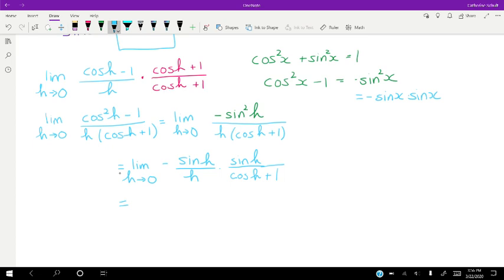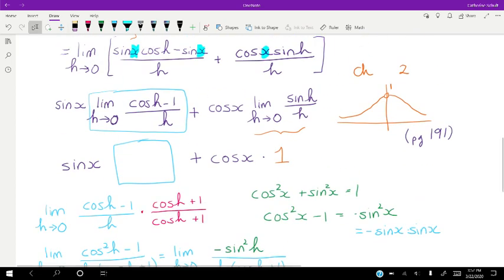Let's move the negative on the outside, because that's like a constant, like negative 1, and we'll distribute the limit. Okay, so this we know is equal to 1.